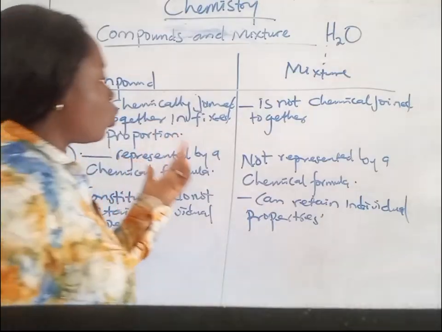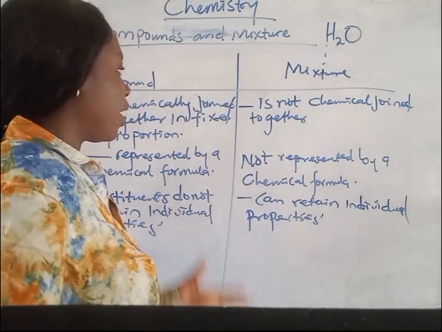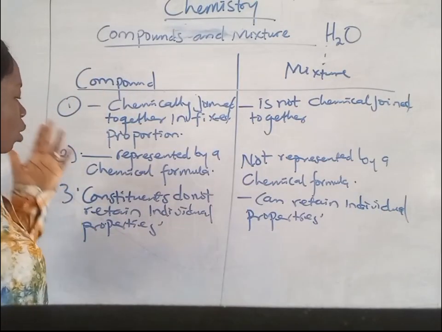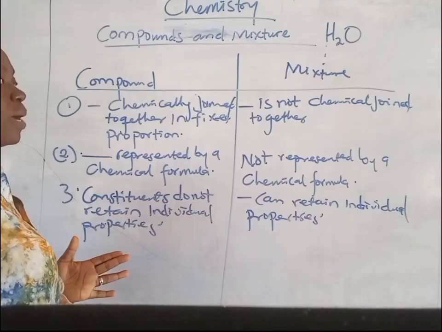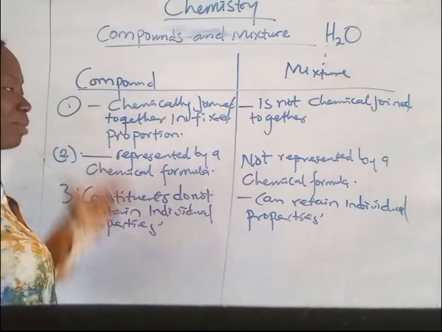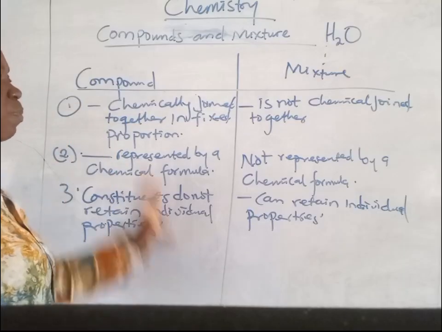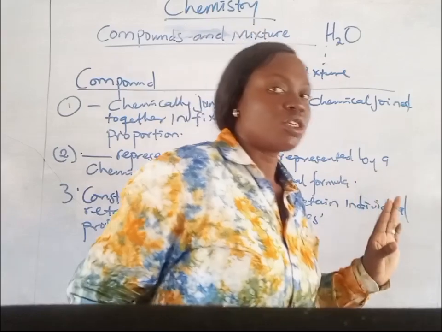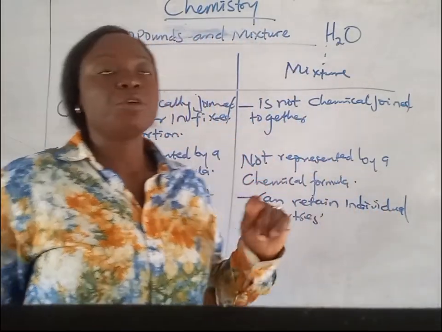Your mixture is not represented by a chemical formula. The constituents of a compound do not retain their individual properties. So what it means is that once the compound is formed, another thing entirely is produced with a separate property, while most mixtures still retain their individual properties.